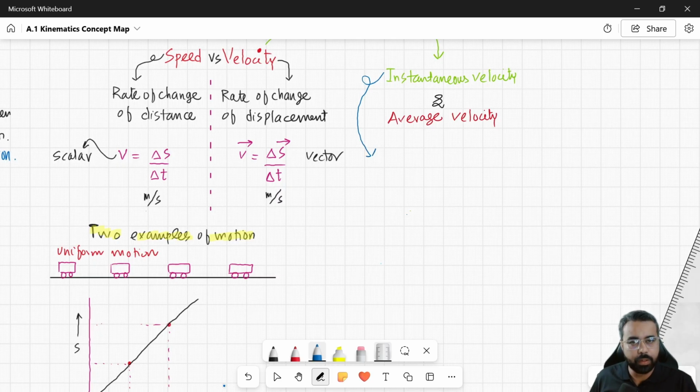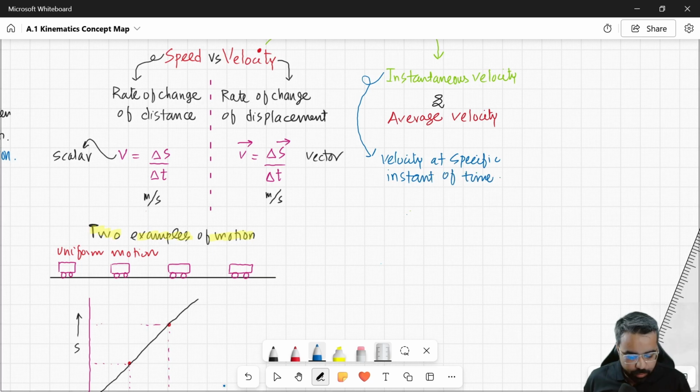Instantaneous velocity or instantaneous speed, I will tell you from the graph separately when I go to that portion. But remember, the velocity at any specific instant of time is called instantaneous velocity.